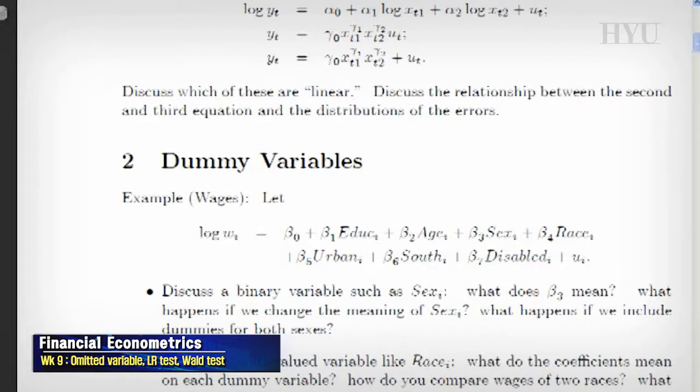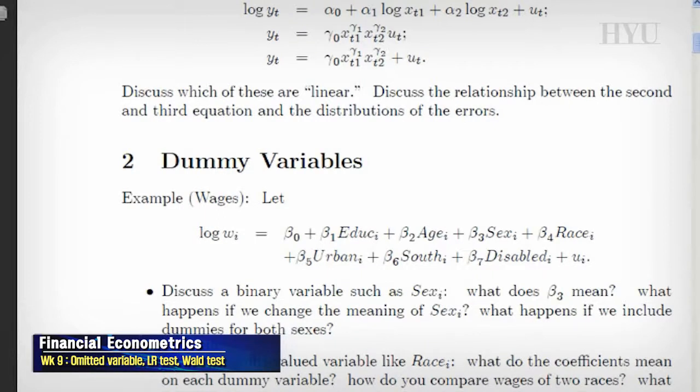So if we don't have ability, then what's going to happen to those variables? What do you think will happen to this coefficient? They are clearly biased, right? First, do you think this coefficient will be biased or not?